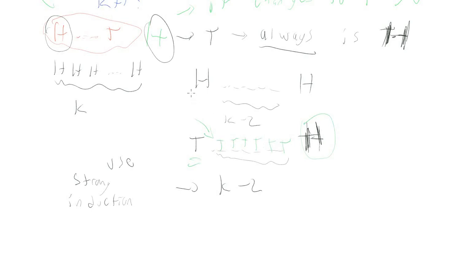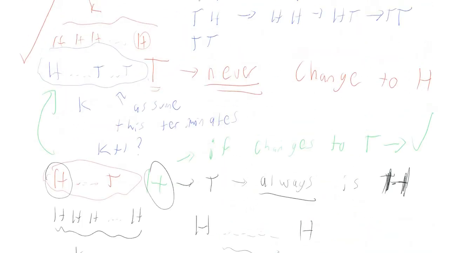And then at that point, we have T, k, a bunch of T's, and then an H. So what happens after this? This is going to become H, and then a bunch of T's, and then an H, and you can see we're eventually going to get to all H's, and then this last H is finally going to change to a T. And then that reduces to the first case, which we already know terminates by the inductive hypothesis.